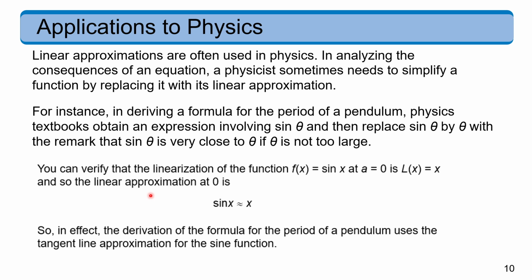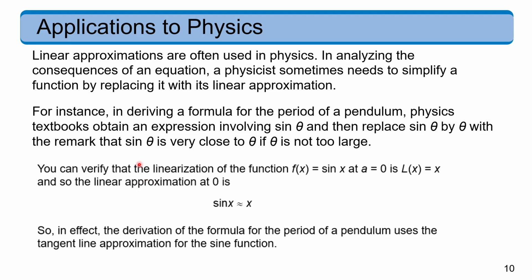So a common example is the trig function, sine theta, for example. That appears in lots of places in physics, and one place it appears is the formula for the period of a pendulum. So rather than continuing to use sine theta, they replace it with its linear approximation, which turns out to be L of theta equals theta.